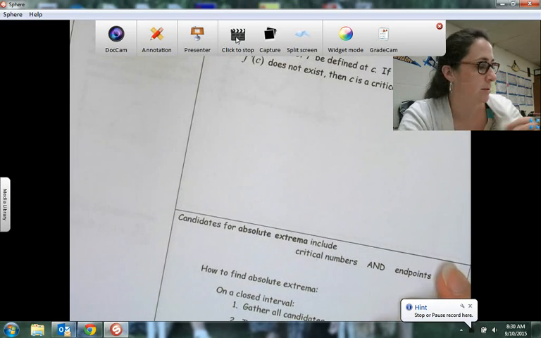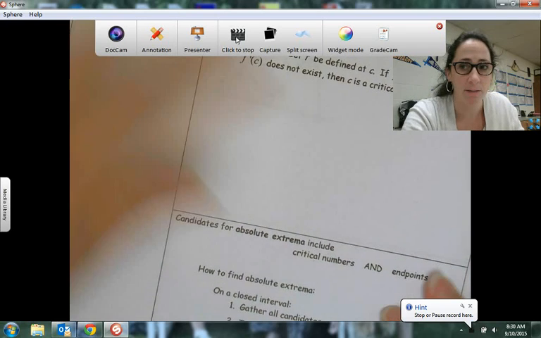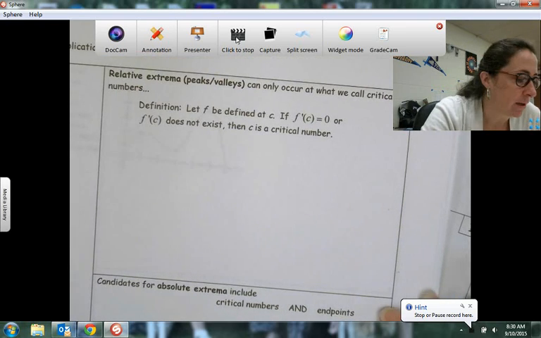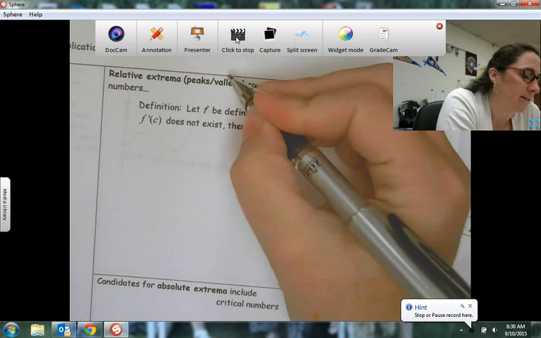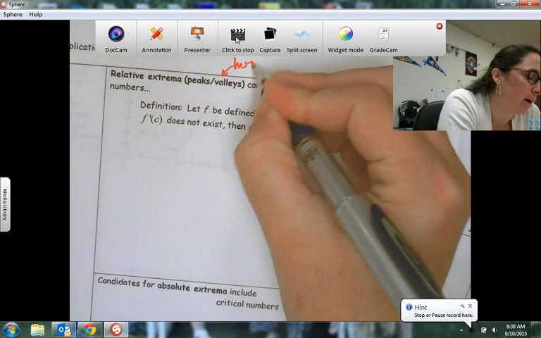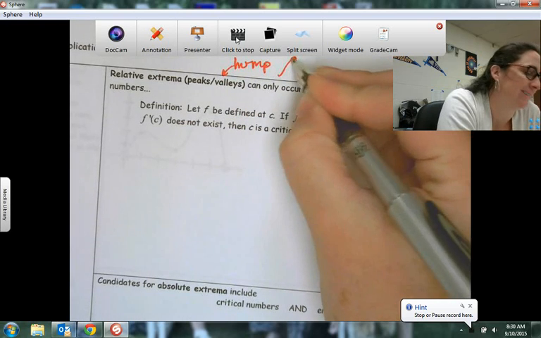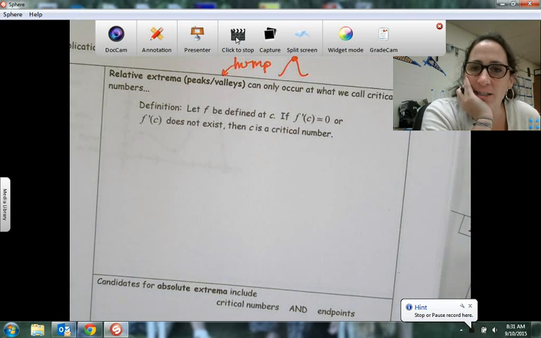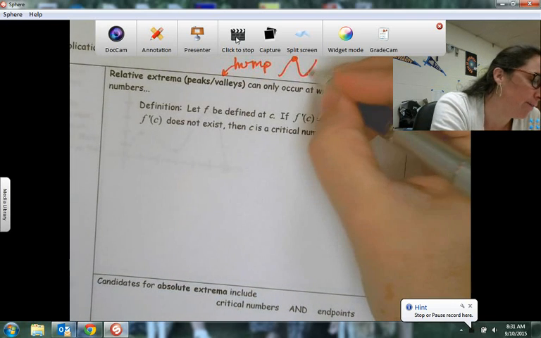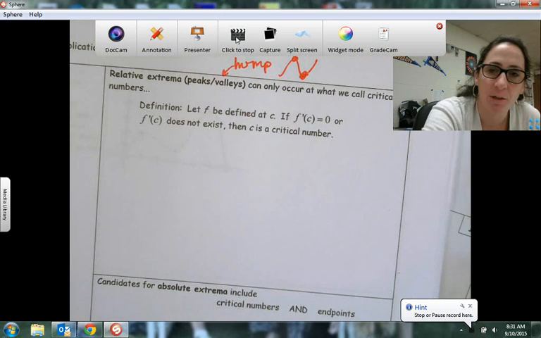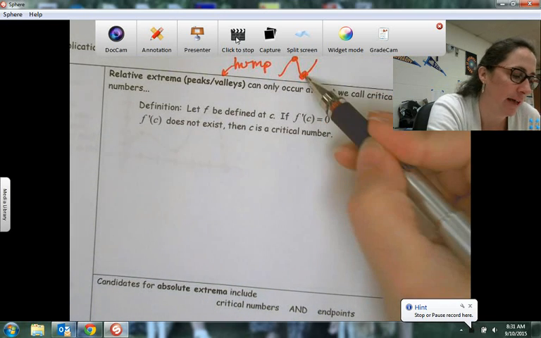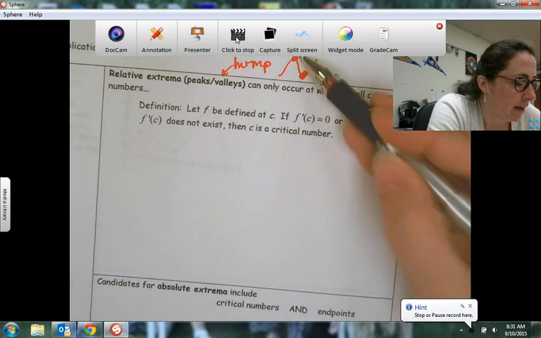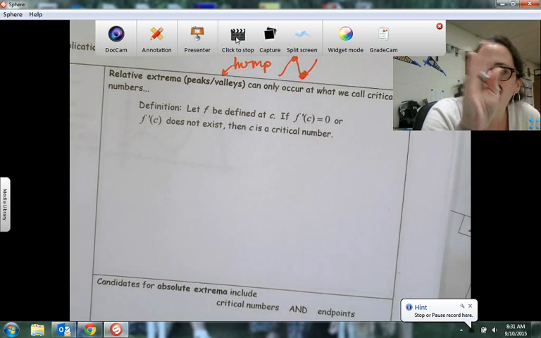And if I kind of look at that, let's think back to when we were doing all the slopes, when we were talking about derivatives, all those tangent lines. So the first derivative, remember, gives me the definition for all the tangent lines. So what do you notice about any hump and its tangent line? What do they all have a slope of? Yeah, they all have a slope of 0.